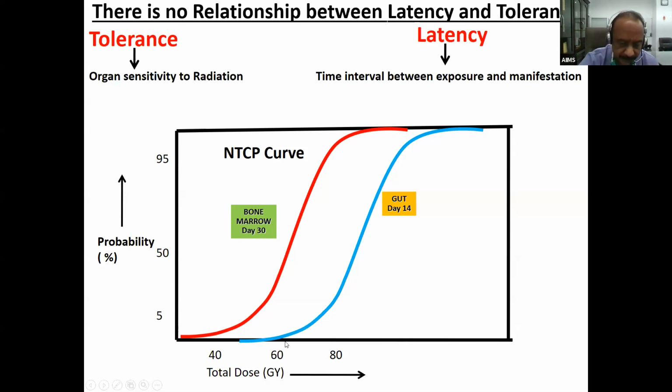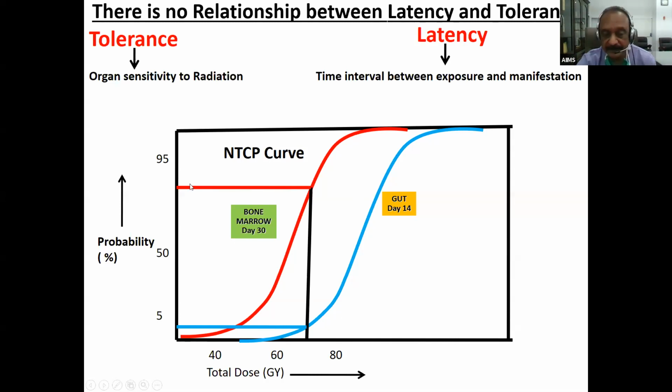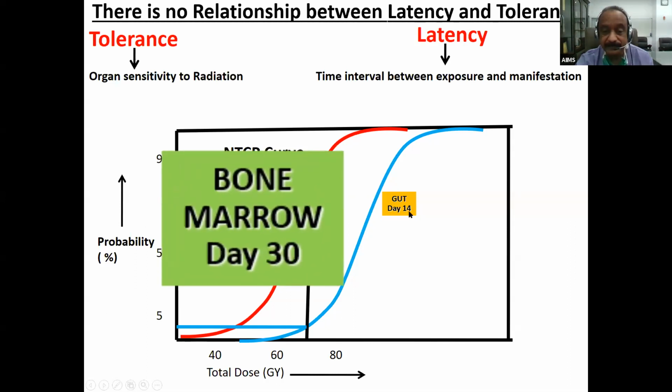We can see from here that if you expose to 70 gray of radiation, then for gut the complication rate will be less than 5%, but for bone marrow it will be more than 50%. So this reflects clearly that bone marrow is more sensitive to radiation than gut. But if you look at the latency, it is higher in bone marrow as compared to gut.